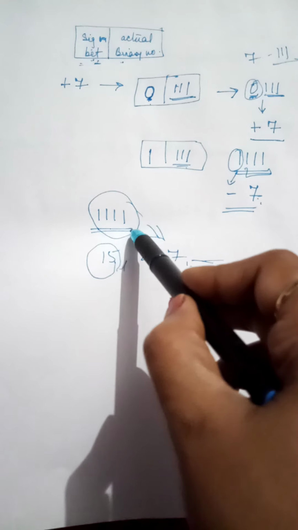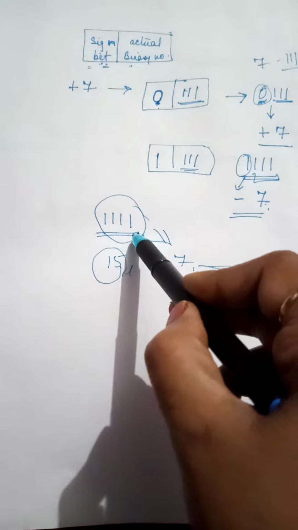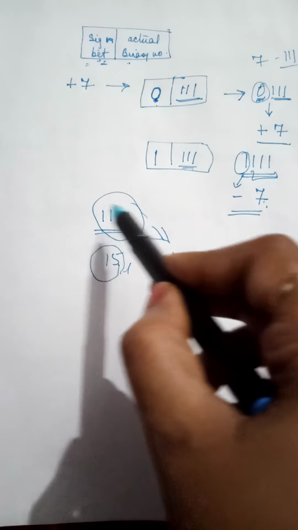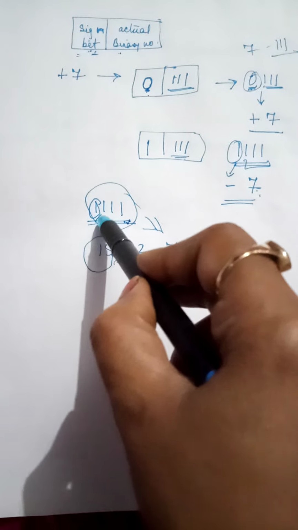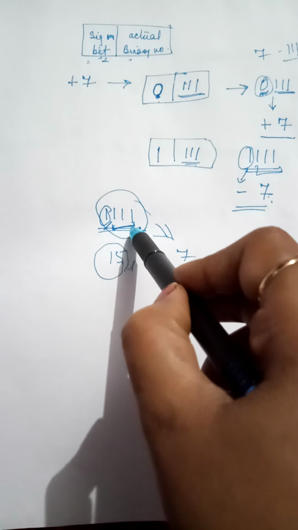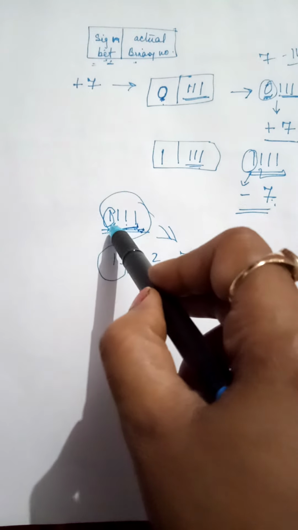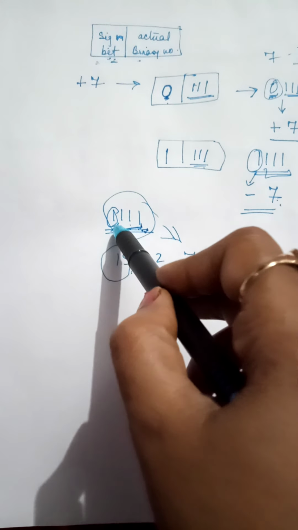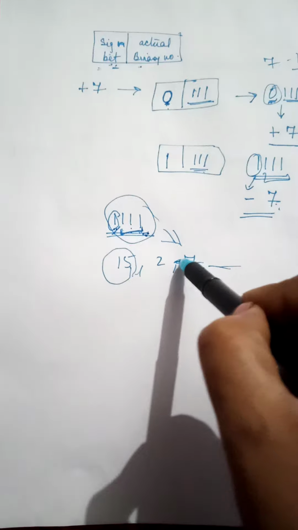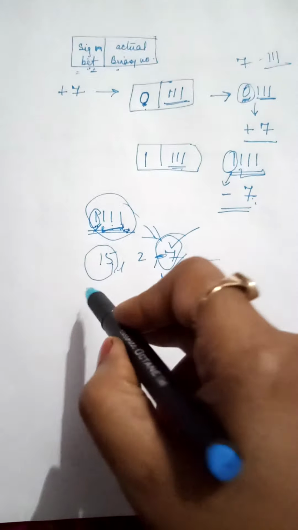But if you have been given that the binary number is in sign magnitude form, it means this is the sign bit and this is the actual binary number. This actual binary number is 7 and this 1 means minus. So minus 7 will be the correct answer, not 15.